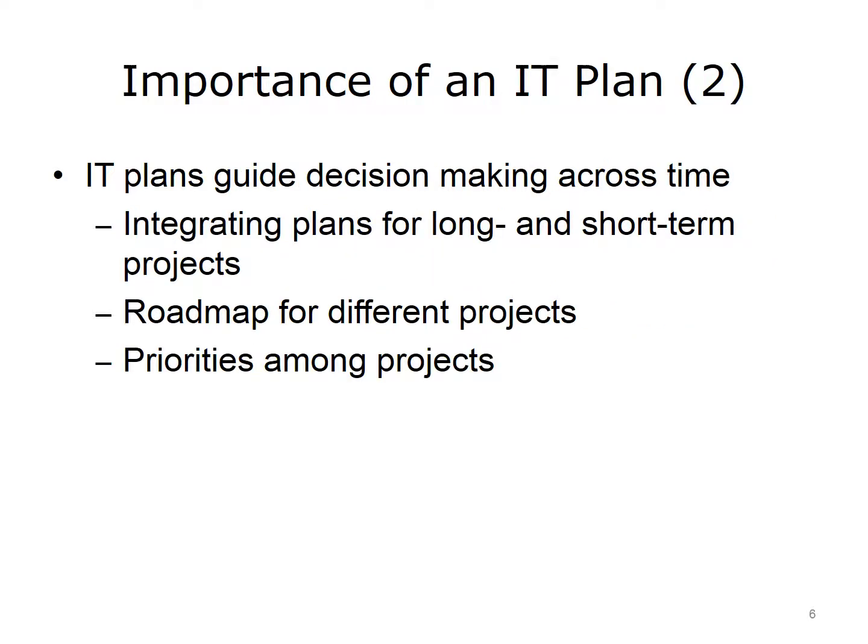Second, IT plans can help guide organizational decision-making across time. Many projects begun in the first year of an IT plan have a 3-year window before they're finished. Other projects will only take 6 months. The problem is, many of these projects have dependencies upon one another.